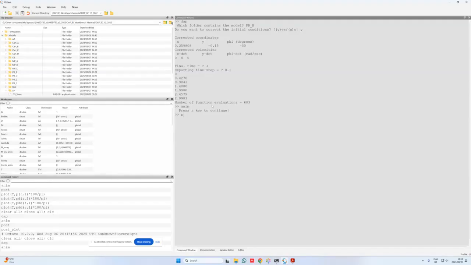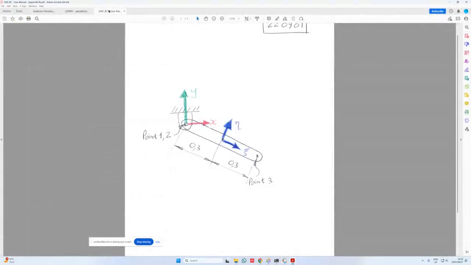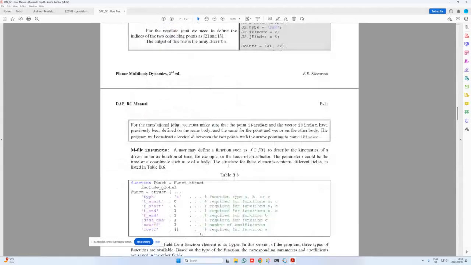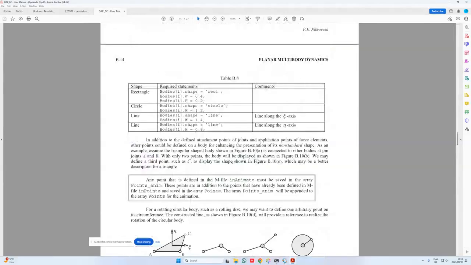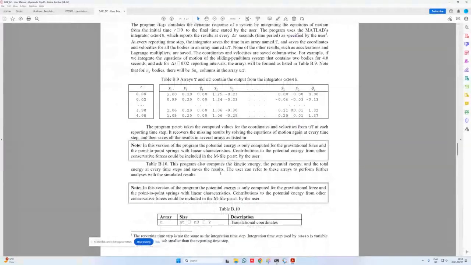So to do this, I essentially type in post, and what the system now does is it groups together all of the results that it found from its dynamic analysis into suitable arrays. To better understand these arrays, we go back to our user manual, and we can scroll down to the post-processing part, which I believe was over here.